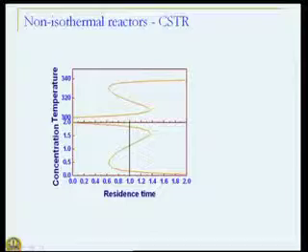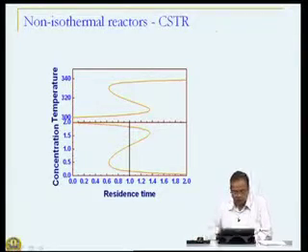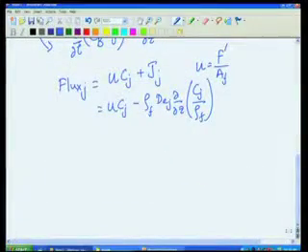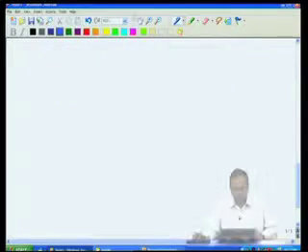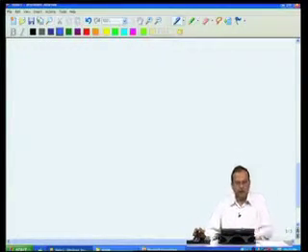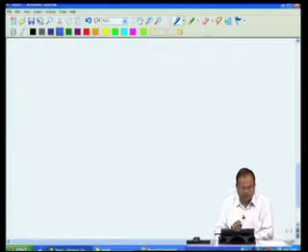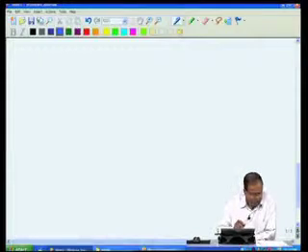and let us try to look at how this reactor will behave. Let us look at the non-isothermal behavior, and before we do that, let us rewrite our mass and energy balances, only energy balances, mass balances we already know.